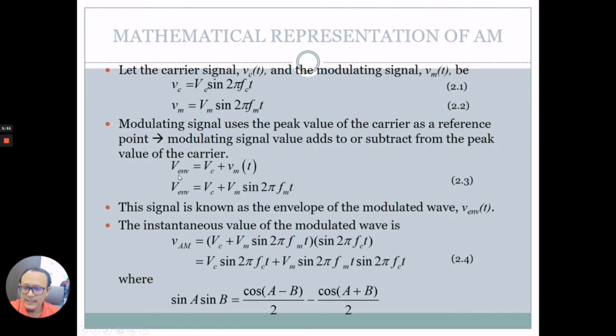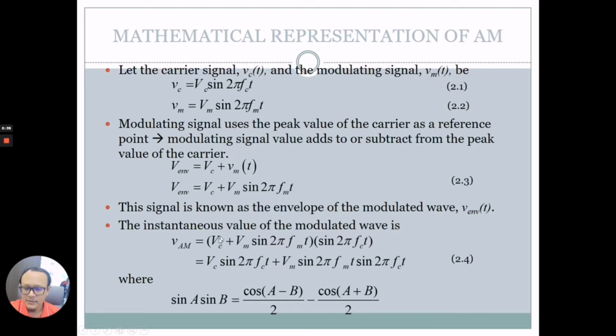So V envelope is equal to VC plus VM(t), which is VC plus VM sine 2 pi FM t. This signal is known as the envelope of the modulated wave, V envelope(t). The instantaneous value of the modulated wave is VAM equal to VC plus VM sine 2 pi FM t times sine 2 pi FC t.